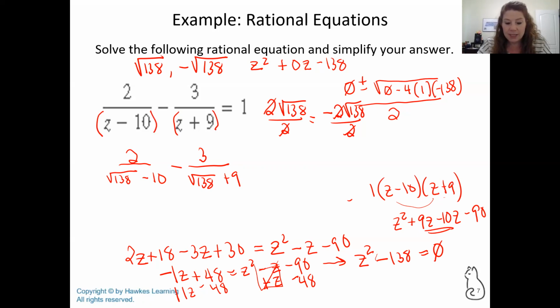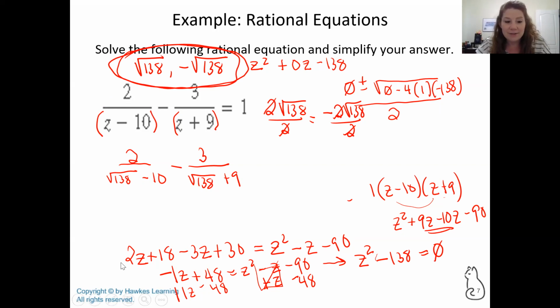Okay, 3 over radical negative 138 plus 9 equals 1. It's exactly 1. I can't believe those answers are right, but they are. And I know they're right because I just checked them. So guess what? Those are the right answers.